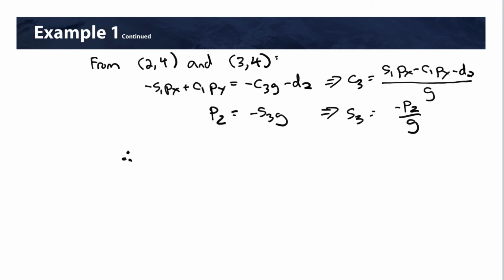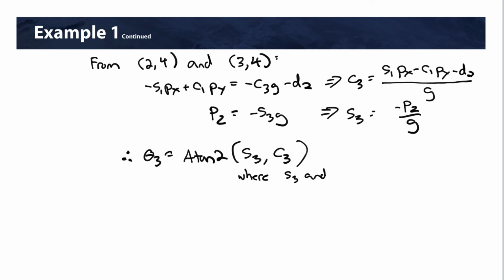Now with S3 and C3 known, theta 3 is simply atan2 of S3, C3, where S3 and C3 are defined above. You can see for theta 3 we have a single solution.